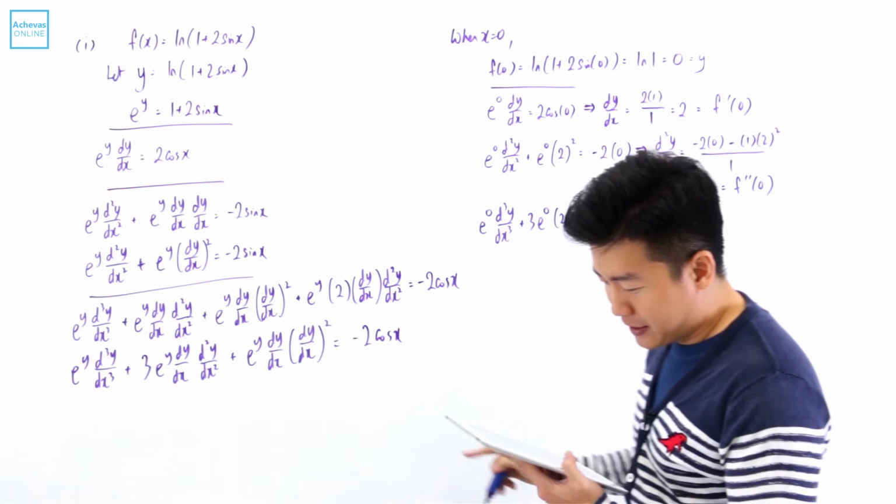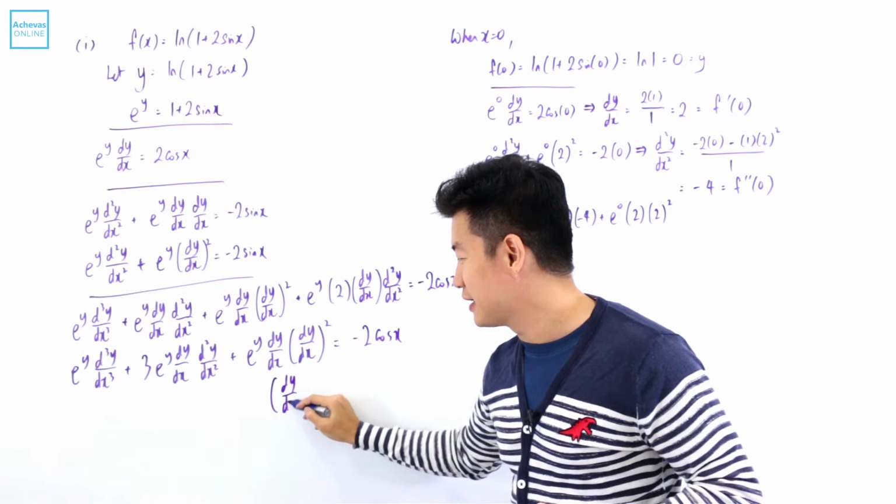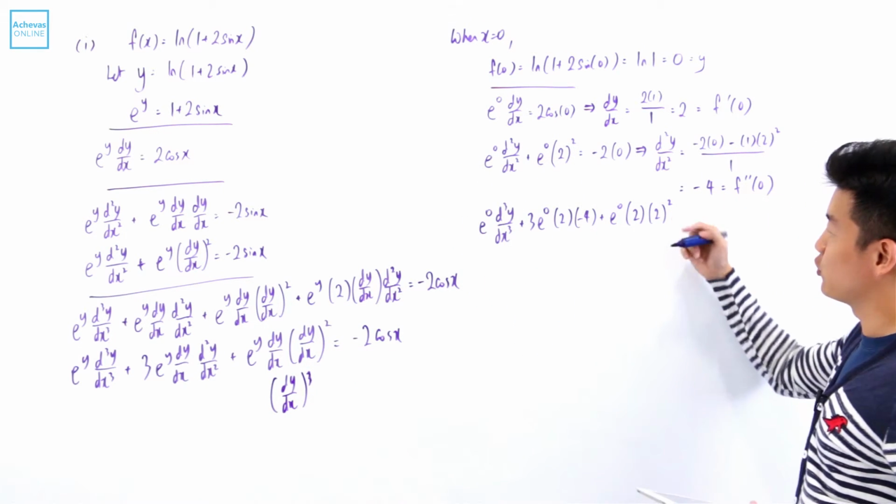In fact, we could have combined them together to be (dy/dx) to the power of 3, but you know what I mean. So anyway, this is 2 to the power of 3.